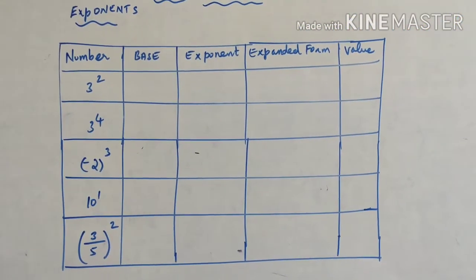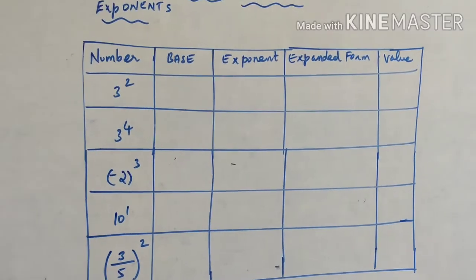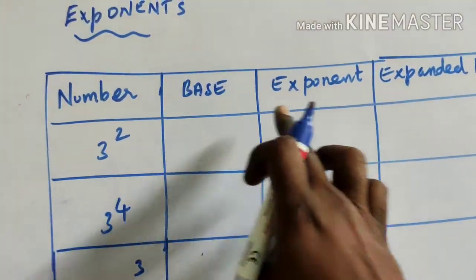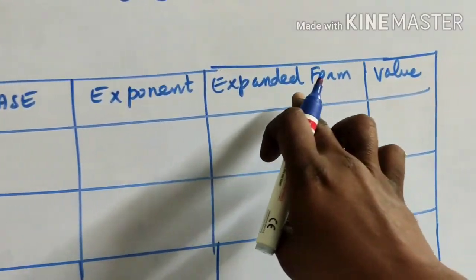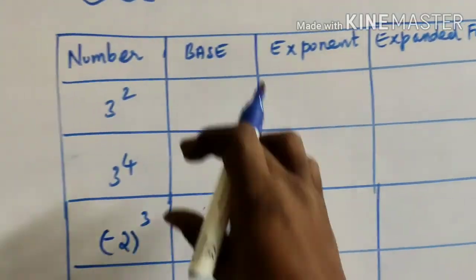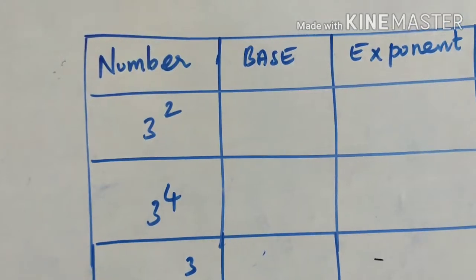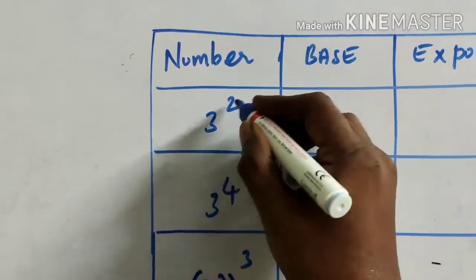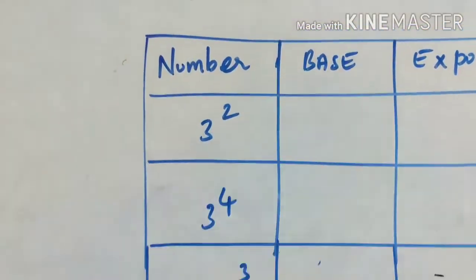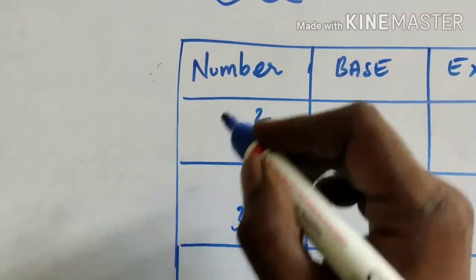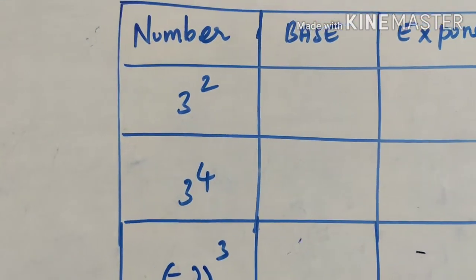Now, here we are going to write the base, exponent, expanded form and value for the given number. Now 3 square, this is called as 3 square or 3 power 2. We can call it as 3 power 2 or 3 squared.